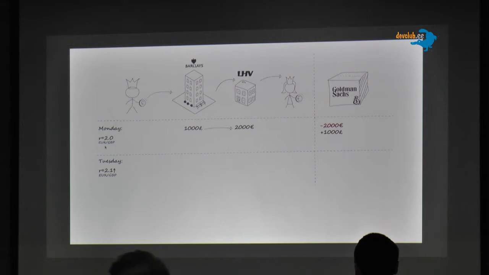So they take £1,000 and do a local bank transfer to our Barclays account. Since the rate is 2.1, the mid-market rate at the time, we promise them that we will pay them 2,100 euros.